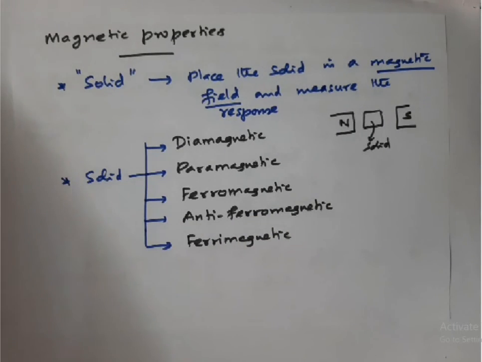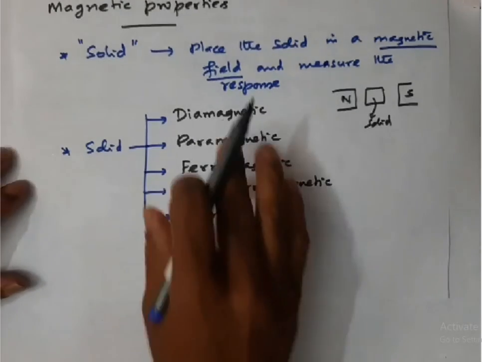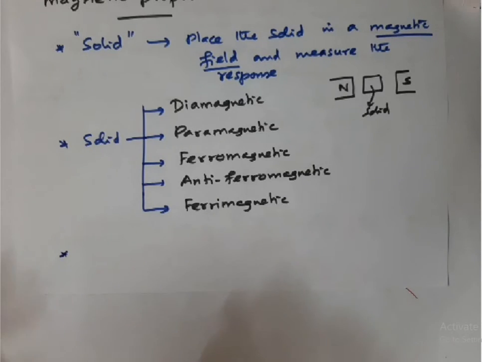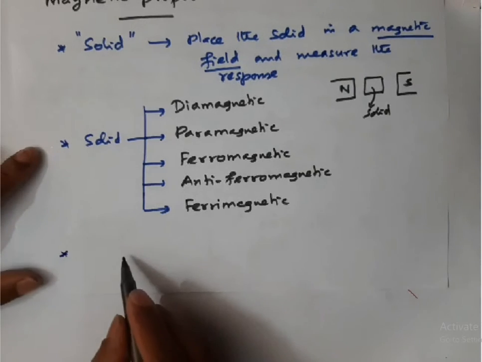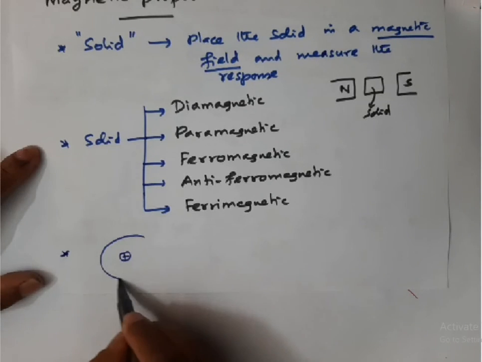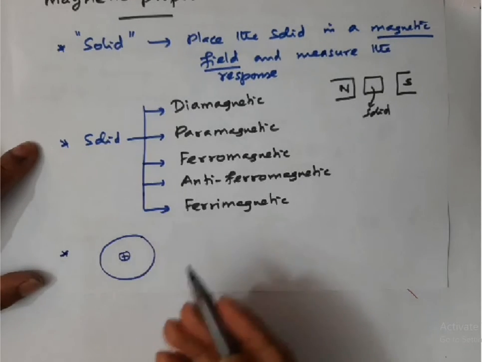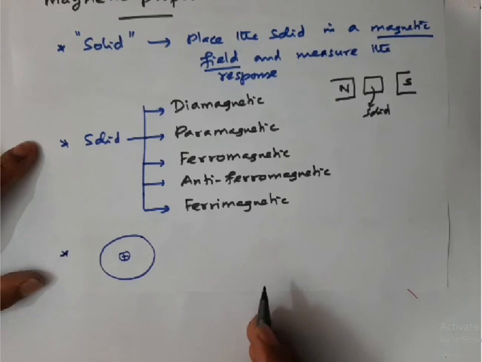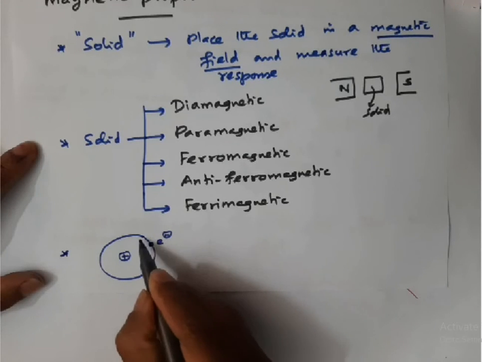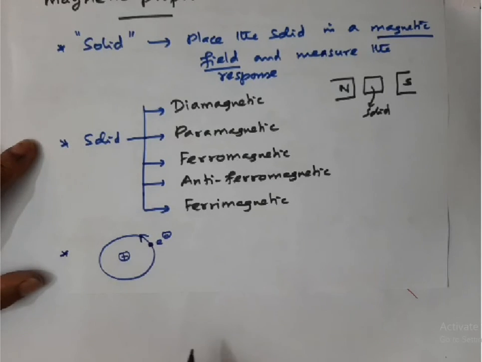Now before going to see these different types, let's see how material interacts with the external magnetic field. Listen, students, you know well, in an atom we have nucleus and electrons. Based on the Bohr model, we assume that electrons revolve around the nucleus.